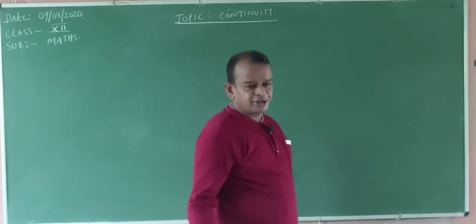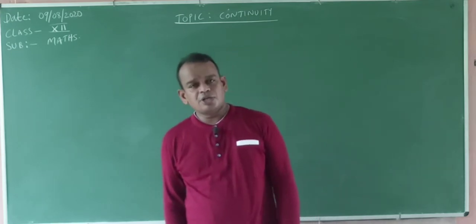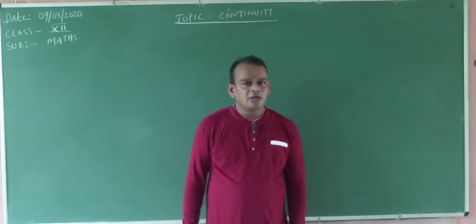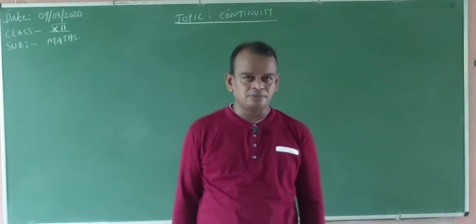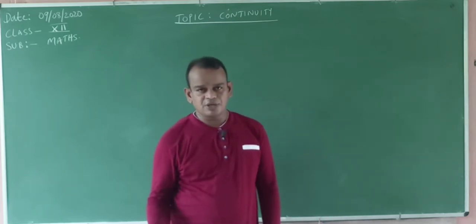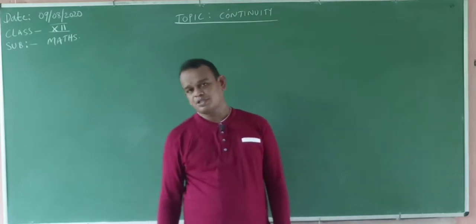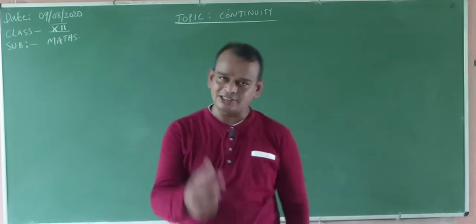What is the continuity at a particular point? Yesterday I told you, to check the continuity of the function at a particular point, first we find the limit value of the function. The limit as x tends to a of f of x exists means LHL and RHL must be equal. If LHL is equal to RHL, then the limit exists.